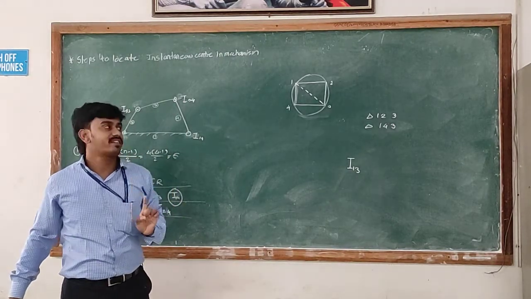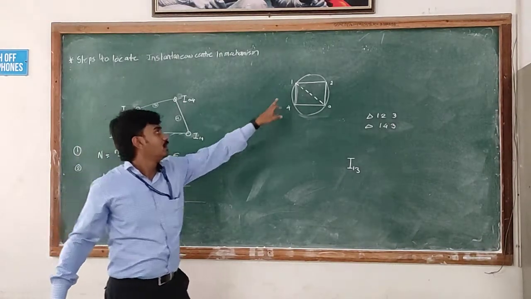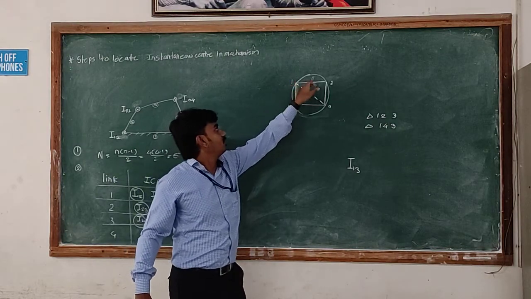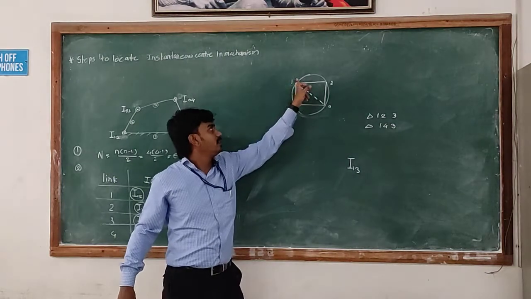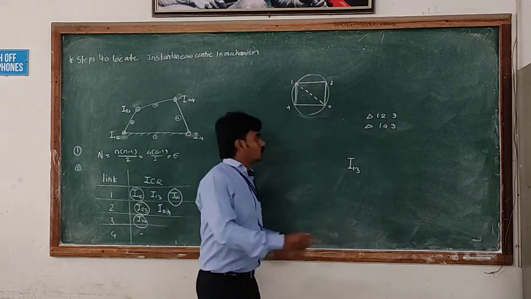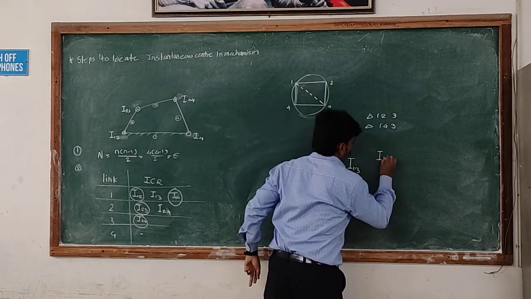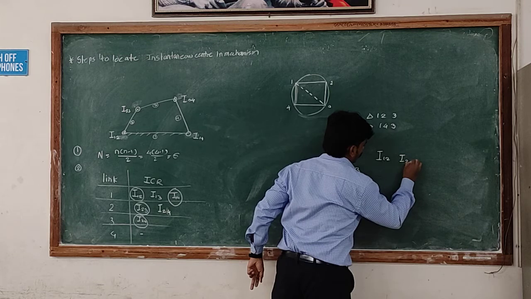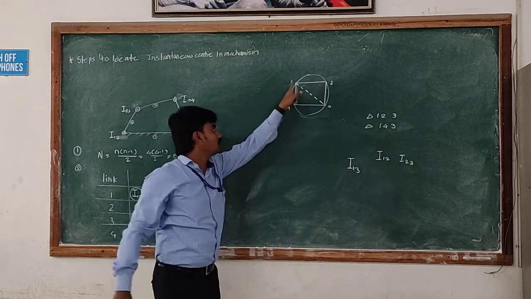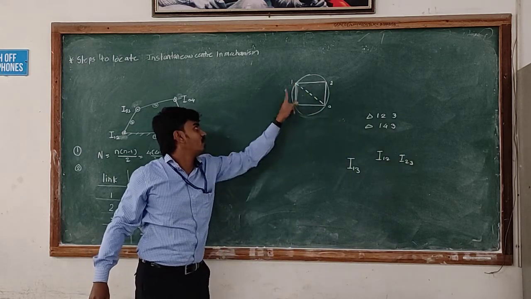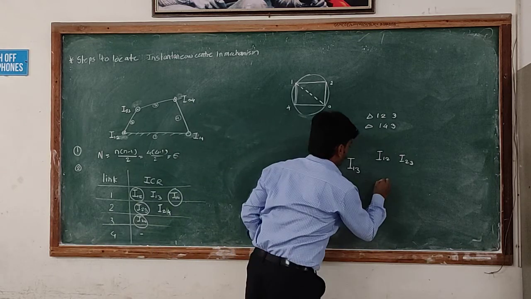we have to extend 2 ICRs. If we move in this sequence, that is 1 2 and 2 3, ICR 1 2 and ICR 2 3, and if we move in this direction, there is ICR 1 4 and ICR 3 4.